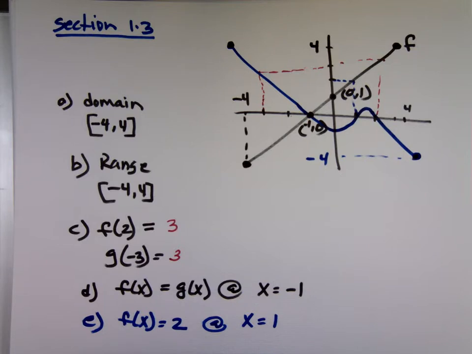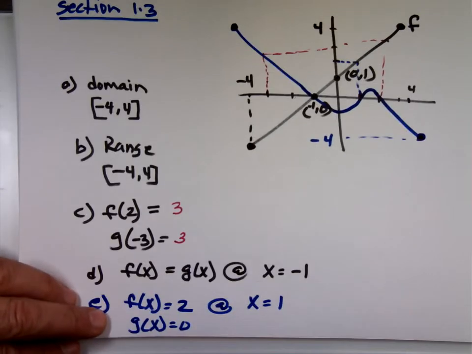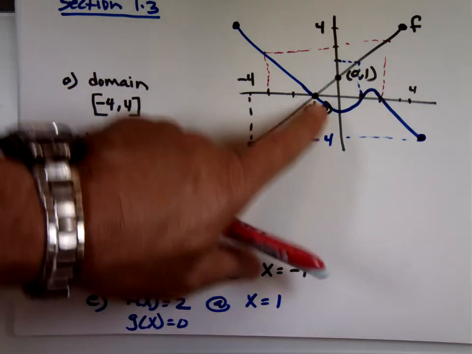Estimate g of x equals 0. Let's look at the picture. Where is g of x equals 0? It looks to me approximately where?